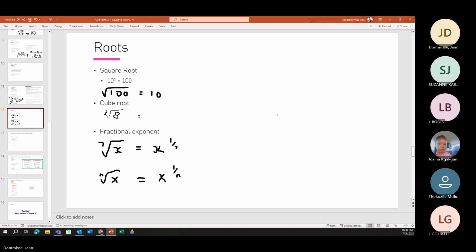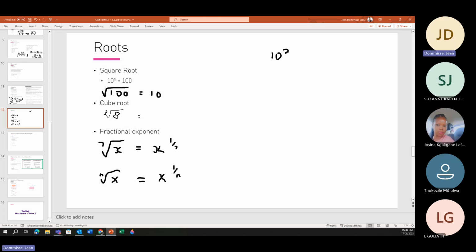So instead of having 10 to the power of 2 to get the answer, we would have had it that you need to take the square root of 100. Okay, so that would have been covered in part 1 of theme 1 as well.